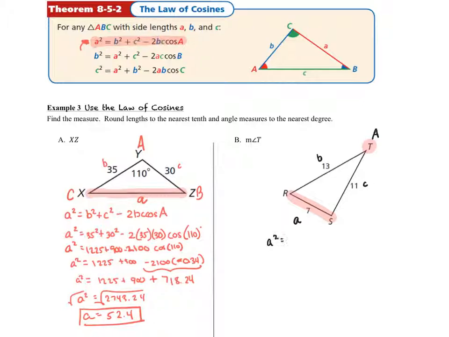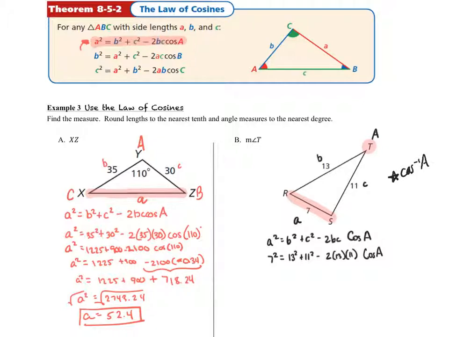Okay, so if I have A squared equals B squared plus C squared minus 2BC cosine A, I have 7 squared equals 13 squared plus 11 squared minus 2 times B, 13, times C, 11, cosine of A. I'm missing the angle, so I know I'm going to need cosine inverse at some point here.